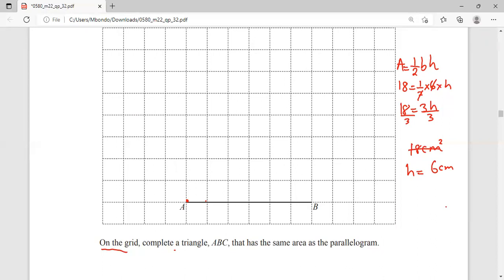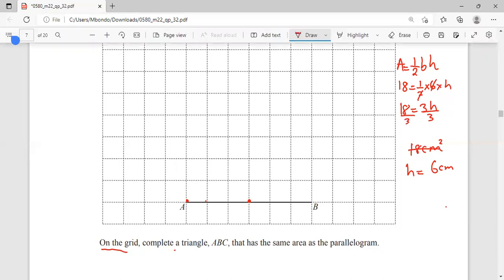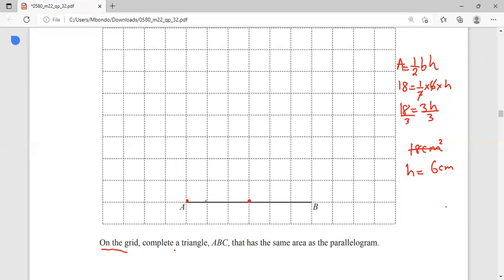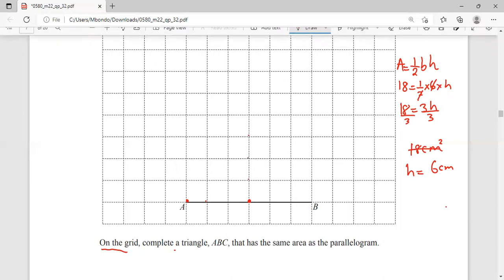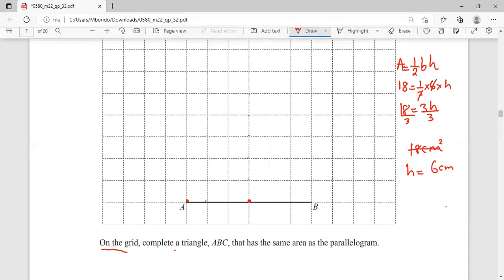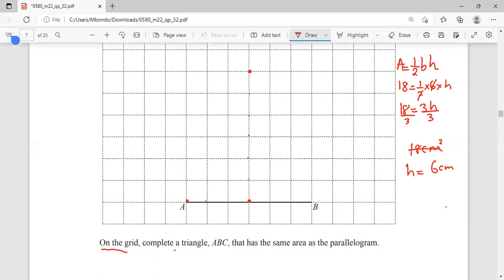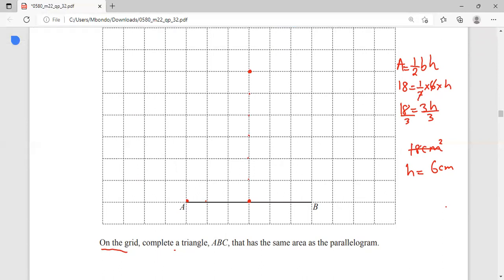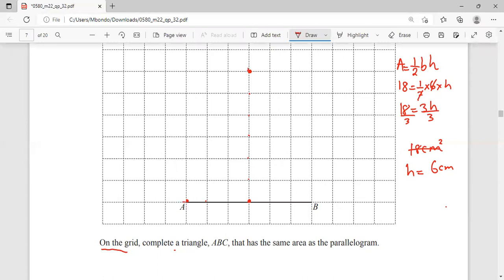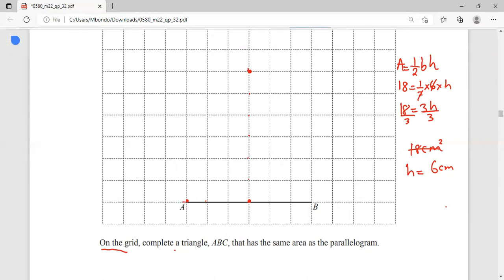Now, you know that we need the height to be at the center of this base. So we're going to count 6 going up. 1, 2, 3, 4, 5, 6 here. All right. Then once we have done that, now we are going to be at this point. Then we come to this one.